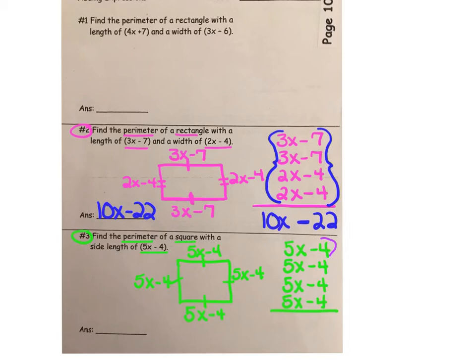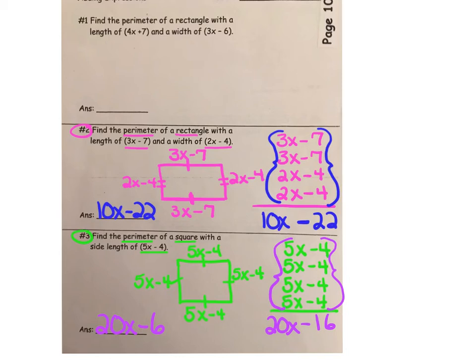As we bring together our constants, we see we have a loss of 16. And as we bring together our x terms, you can see we get the sum of 20x. The perimeter is 20x minus 16.